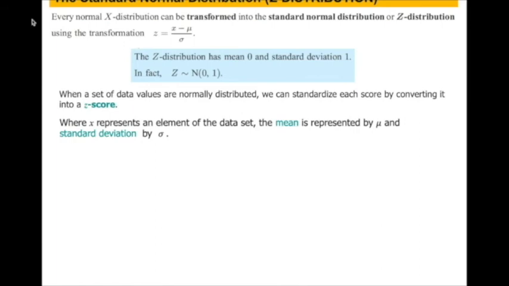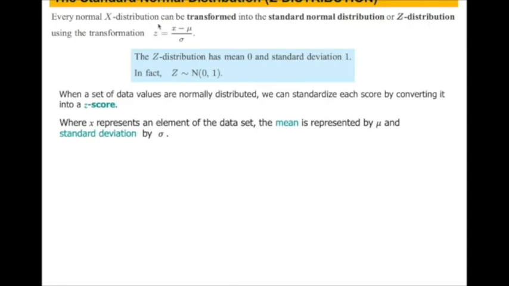That brings us to the standard normal distribution. So not only normal distribution, this is the standard normal distribution, often called the Z distribution. Every normal random variable distribution can be transformed into the standard normal distribution, or Z distribution, using this formula.